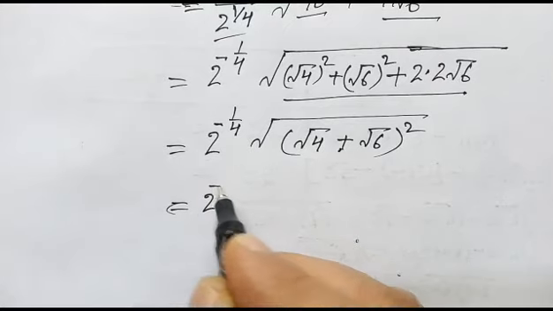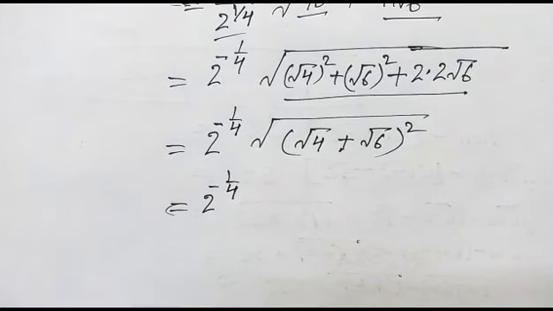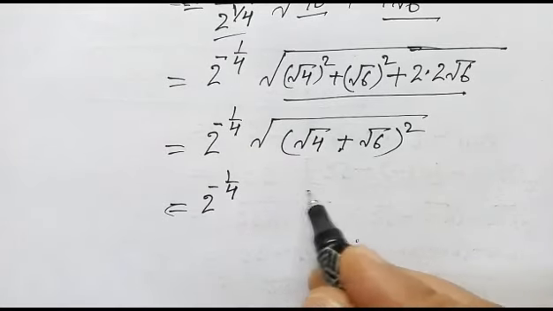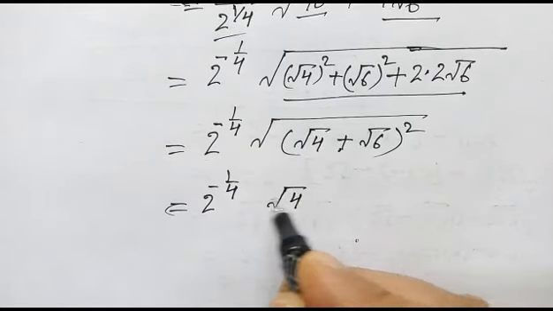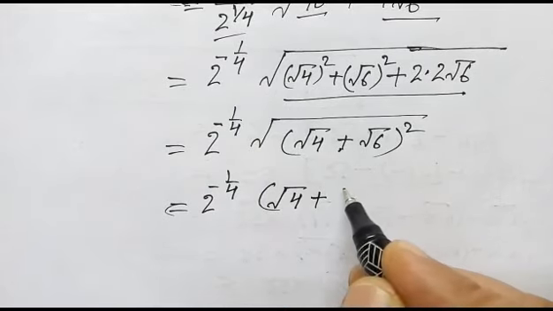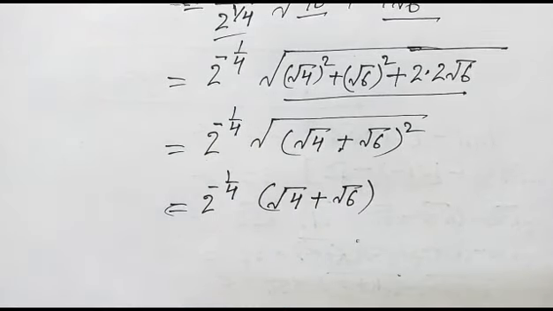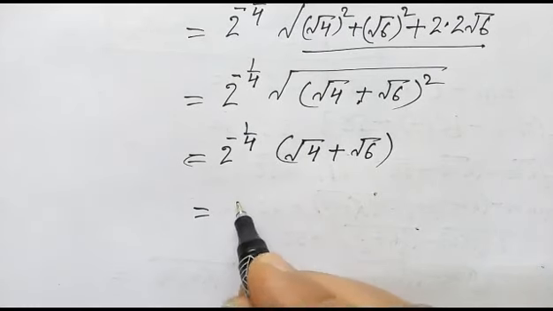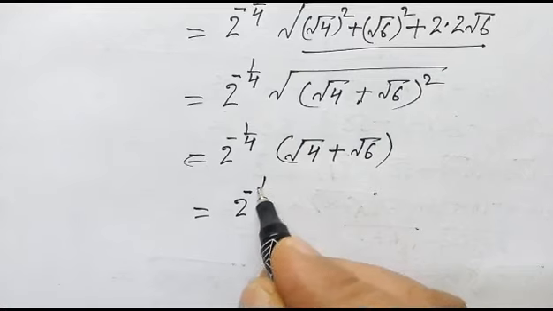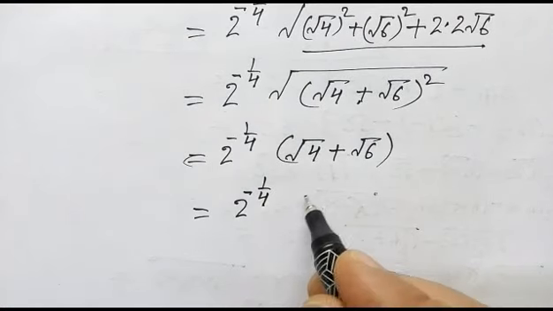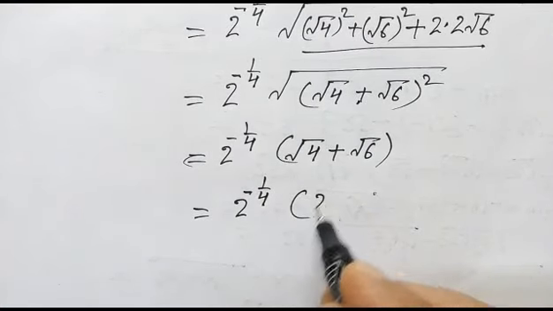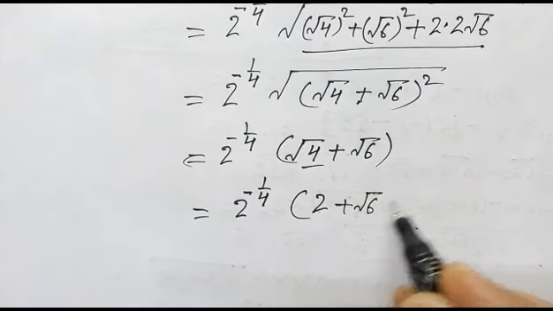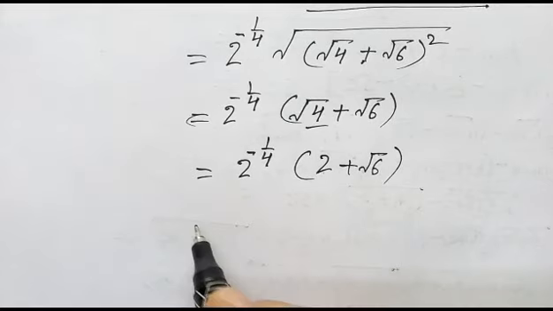So 2 to the power minus 1 by 4. Now the square root of this will be square root of 4 plus square root of 6, right? So 2 to the power minus 1 by 4 and square root of 4 is 2, plus square root of 6, okay?